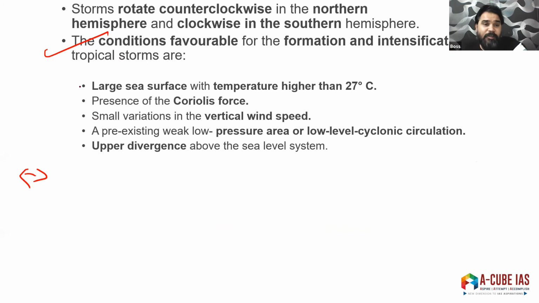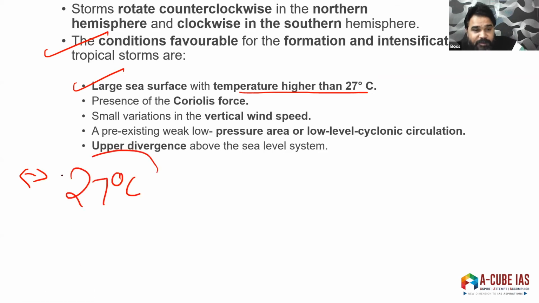Number one, a large sea surface with a temperature higher than 27 degrees Celsius. A very wide, very open sea surface where the temperature has to be 27 degrees Celsius or above.